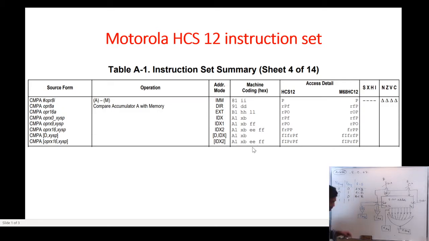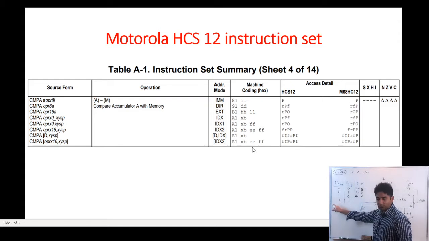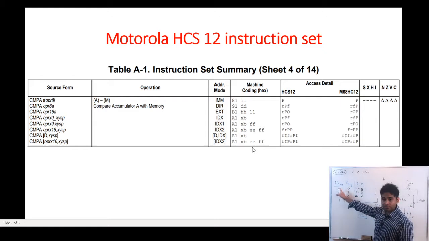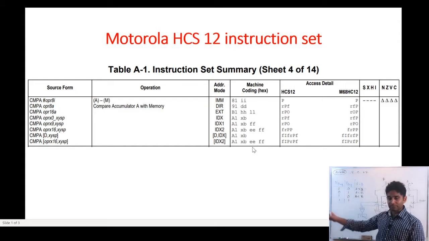Finally, my N flag is 1 and my V flag is also 1. That means the answer that I got appears as a negative answer because my most significant bit is a 1. However, I have my overflow flag set. That means even though the answer looks negative, it's actually a positive answer, right?